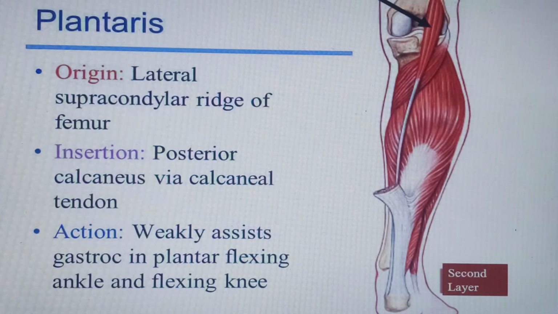The soleus gets its name because it originates from the soleal line. We are going to have the soleal line this way. We also call it soleus because of how flat it is. It resembles a fish, which we call soleus.